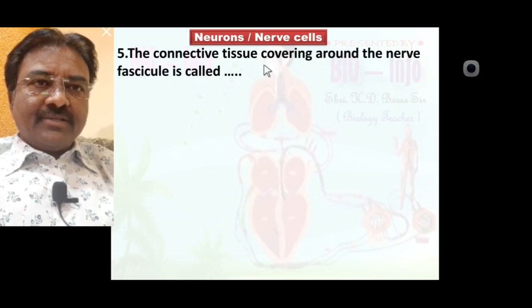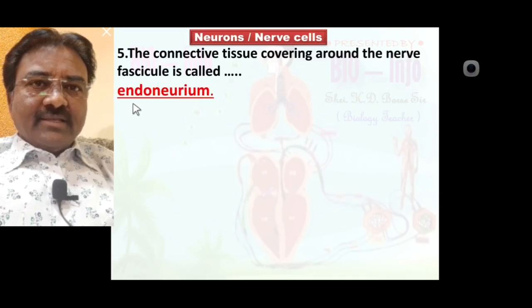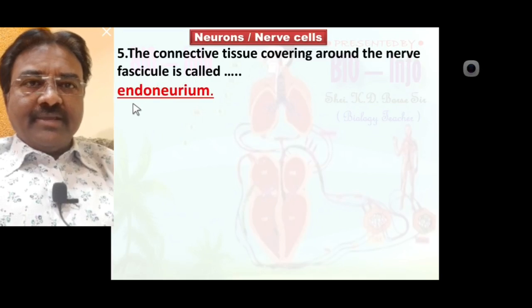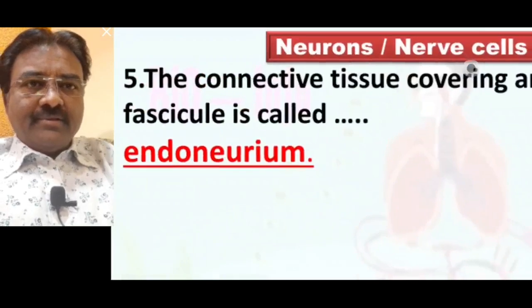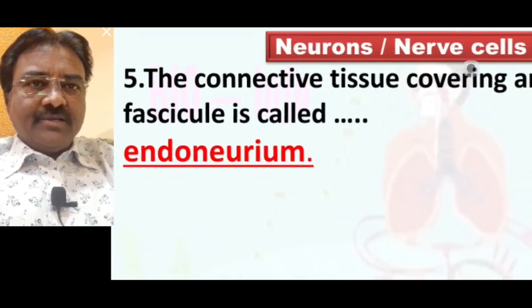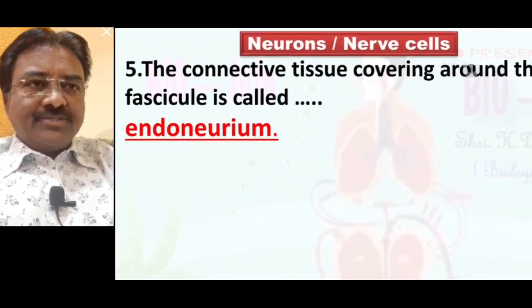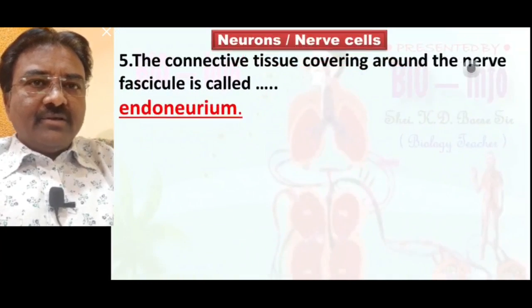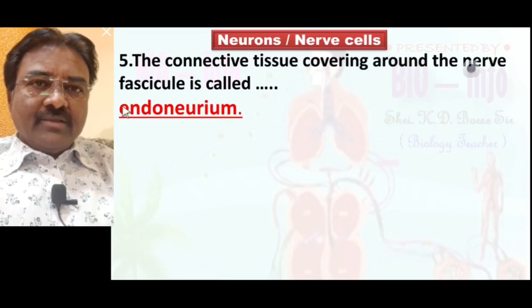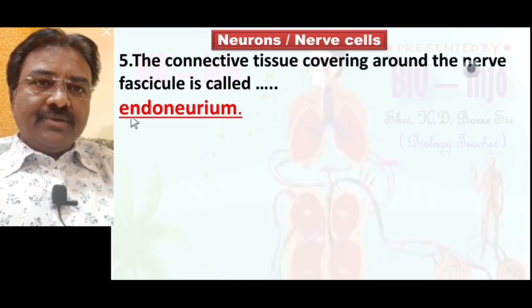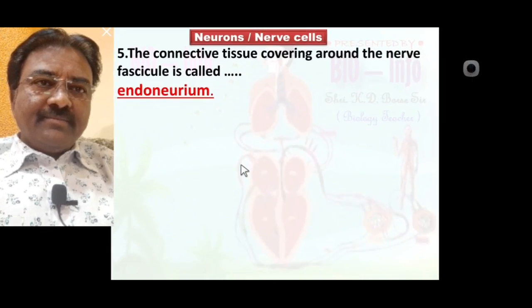The connective tissue covering around the nerve fascicule is called as endoneurium. This term is most important. What is endoneurium?